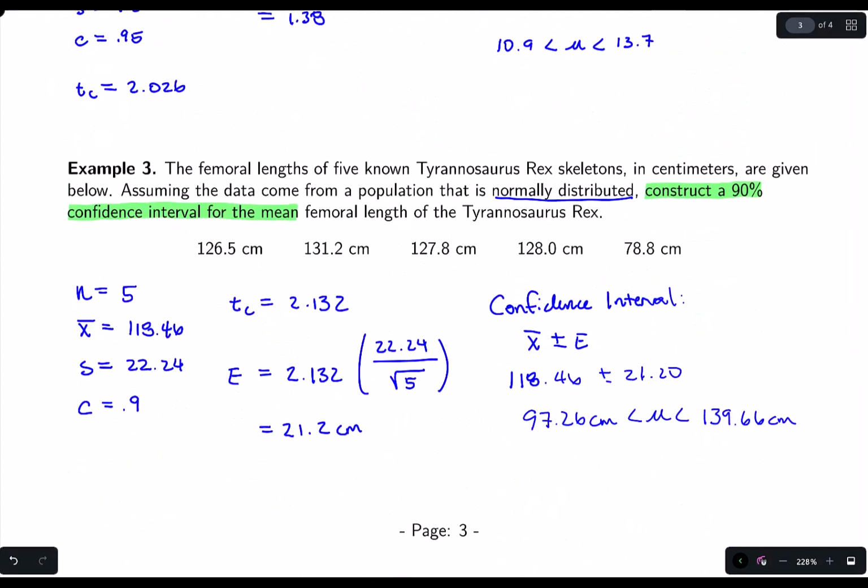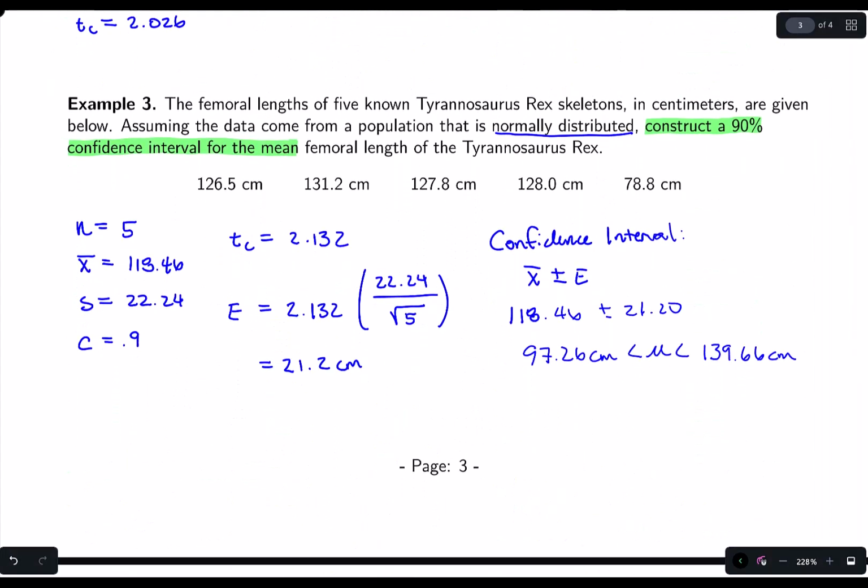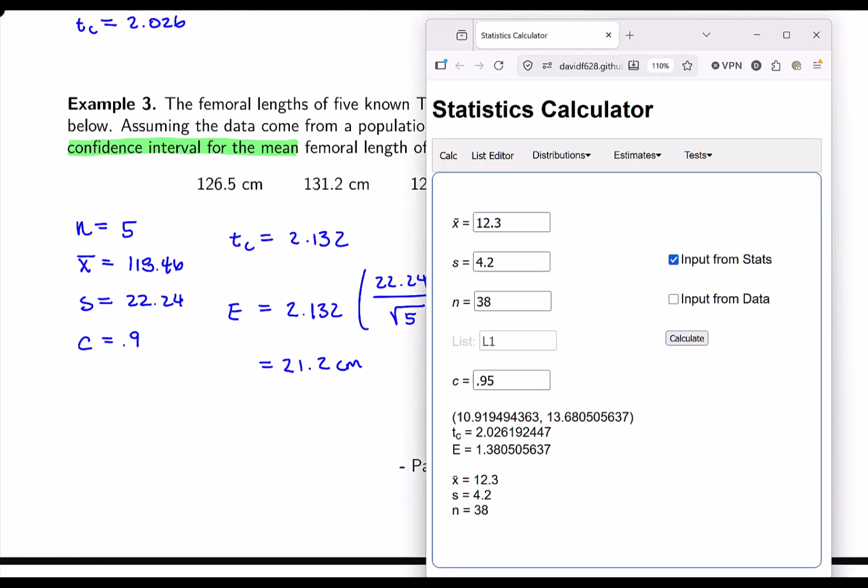Okay, and I also want to show you something nice about when you have data. This function also can take its input from data. What happens is it switches off the boxes. You can't edit the mean, standard deviation, and sample size any longer, but you can edit what list is being used.